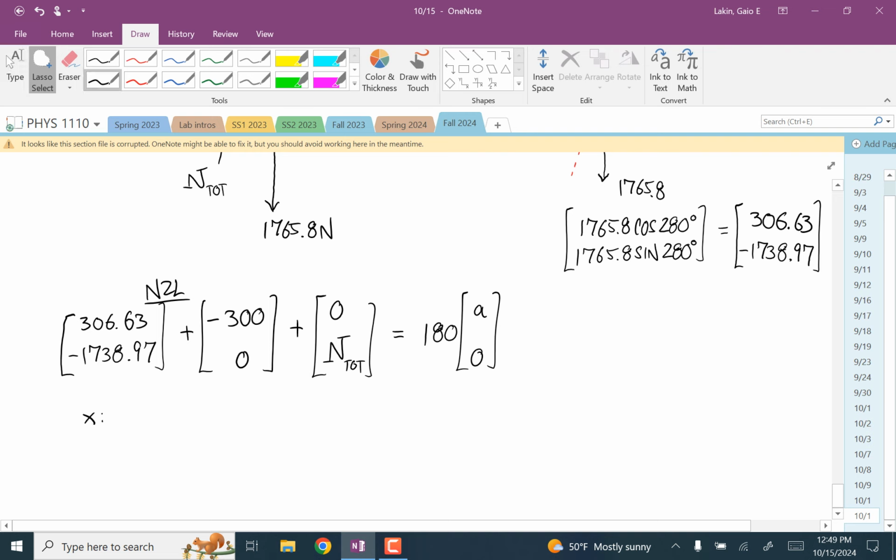So the x equation says 306.63 minus 300 is equal to 180 times a.